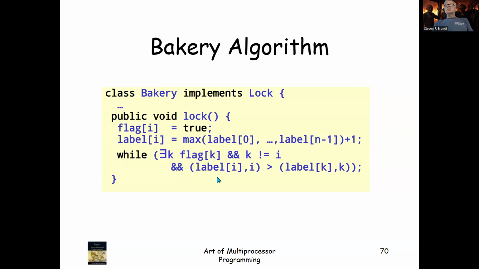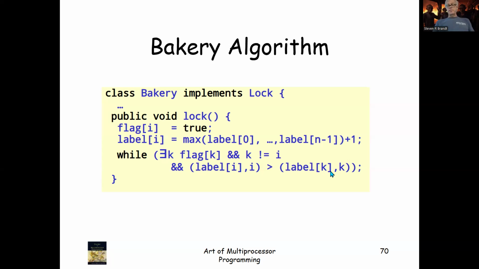We use a combination of the label and the thread ID to determine an ordering, and that will give us a total ordering of the threads. While there exists another thread that has a flag raised, and it's not us, and their label is superior to ours, we're going to wait. So that's the basic idea: just getting our ticket and then waiting for our ticket to come up.